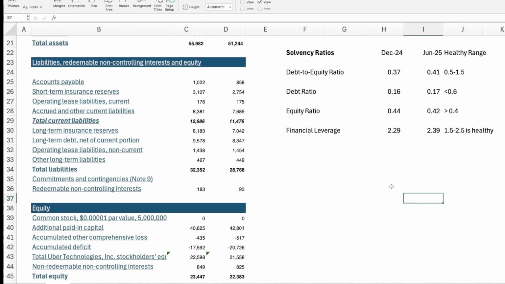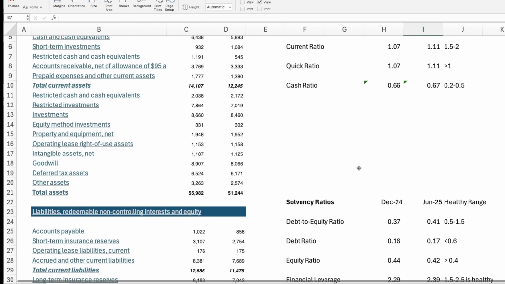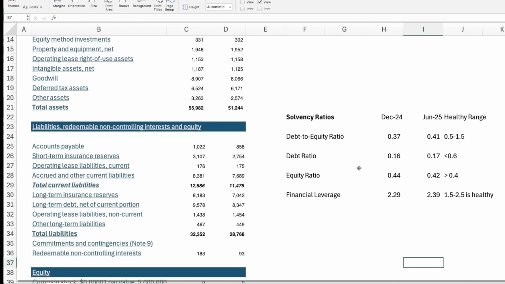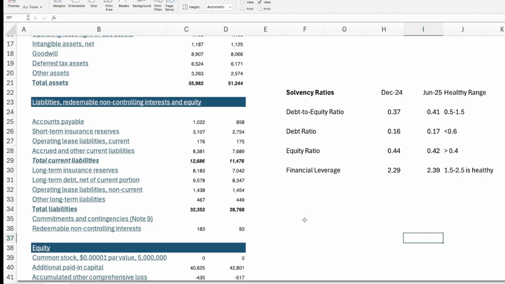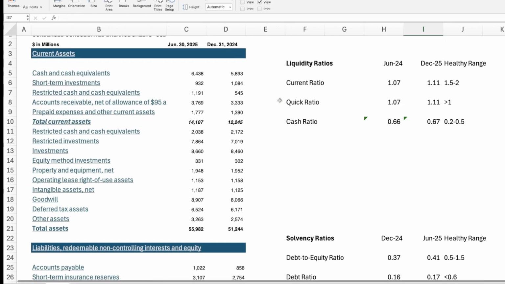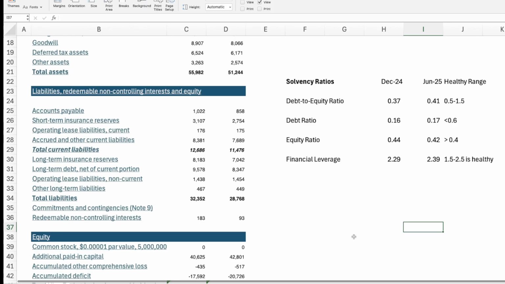So this is a snapshot into the health of Uber. If it were to take a hit to its revenues, how will it fare if it has to liquidate its assets to meet its liabilities, and how levered is it based on its solvency ratios?